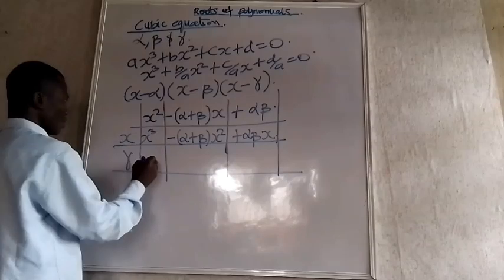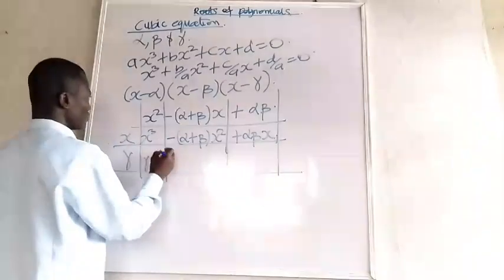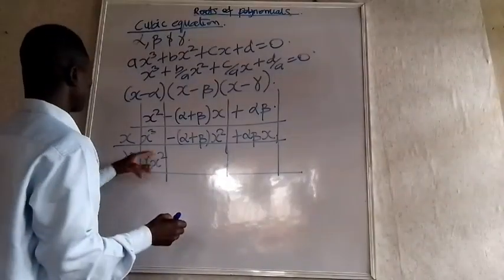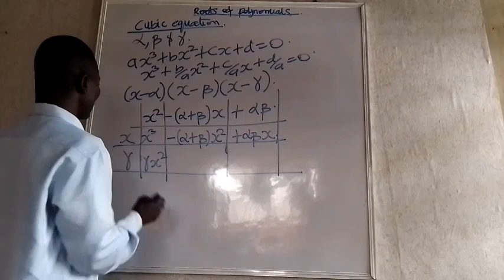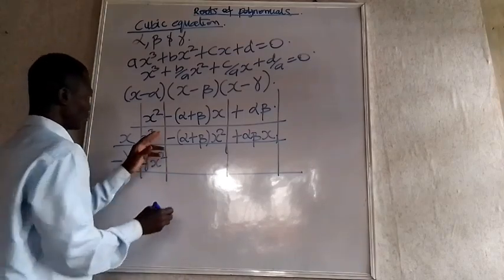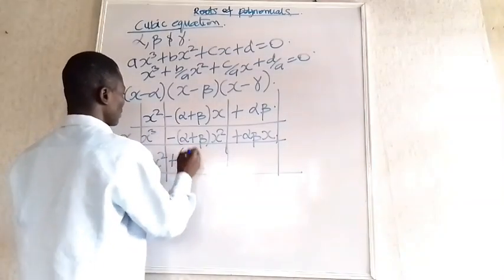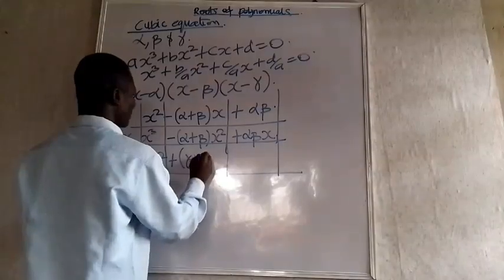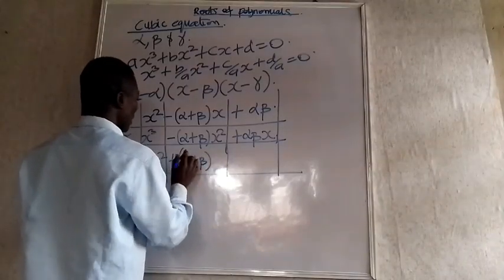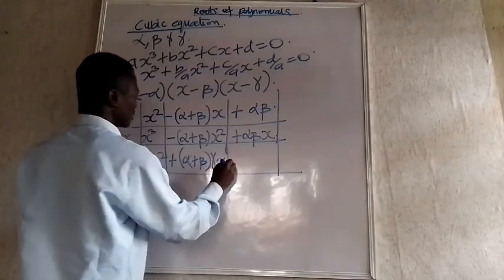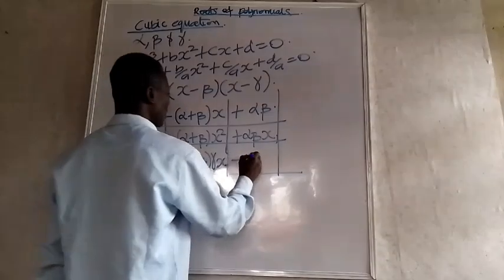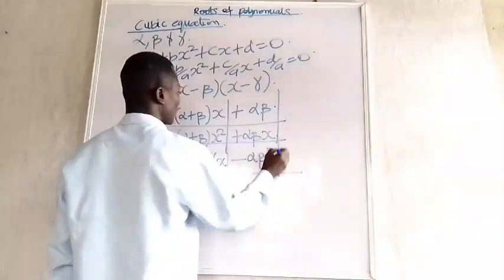This one is going to be minus gamma x squared plus alpha plus beta into gamma x minus alpha beta gamma.